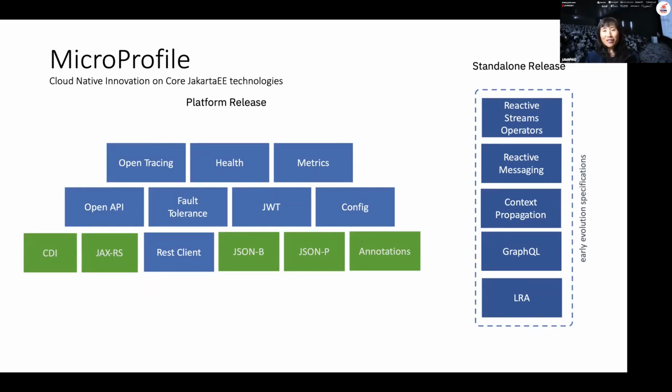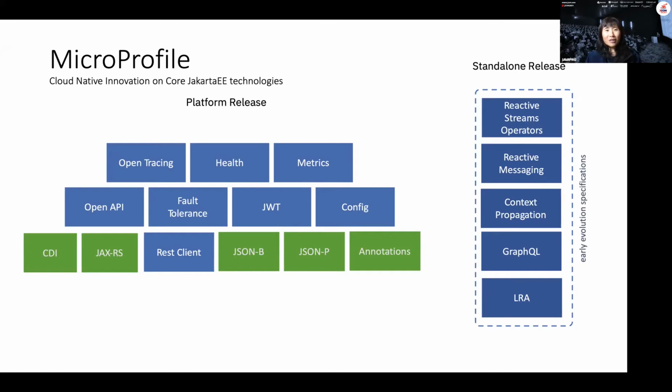If you have taken a closer look at the building blocks in the past, annotations was always invisible in the picture, but only in 4.1 did we properly put annotations in the building blocks tower.